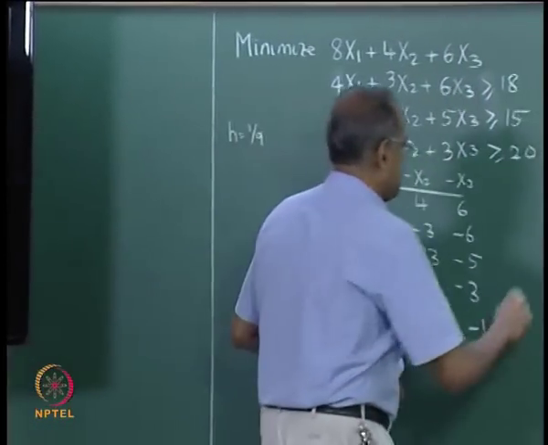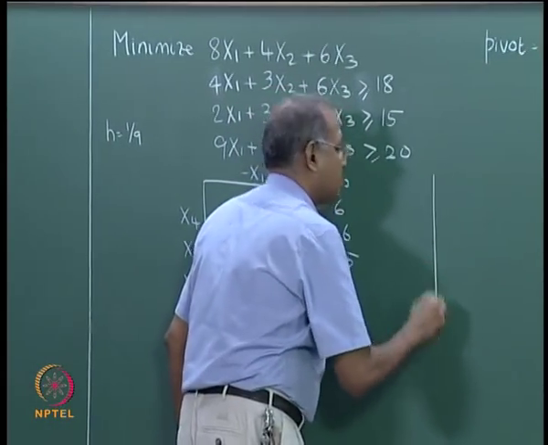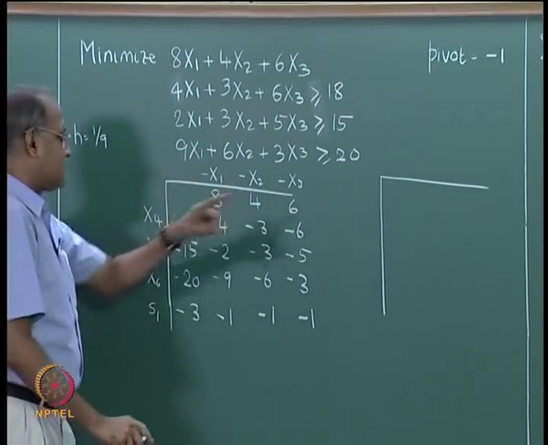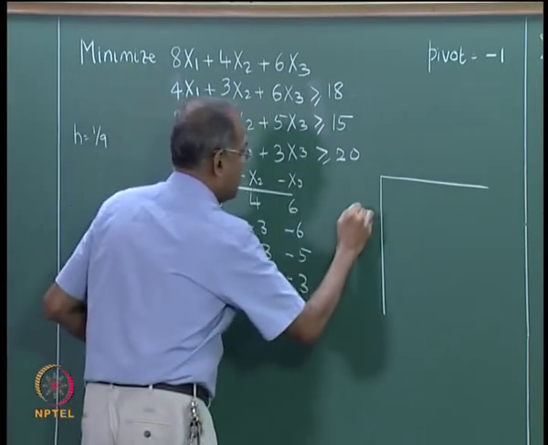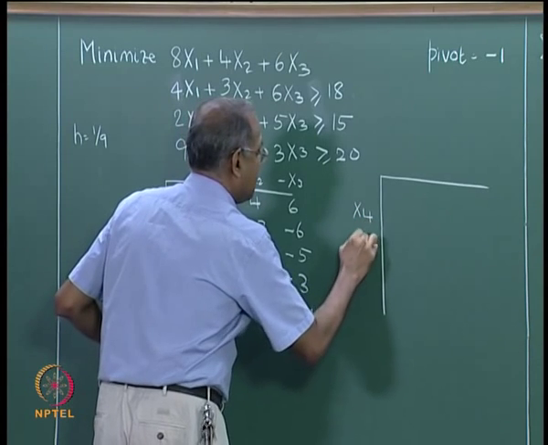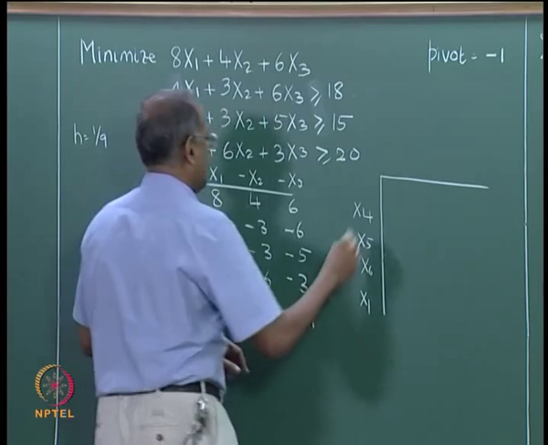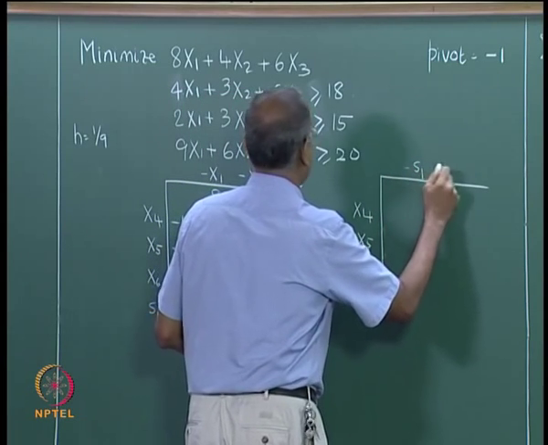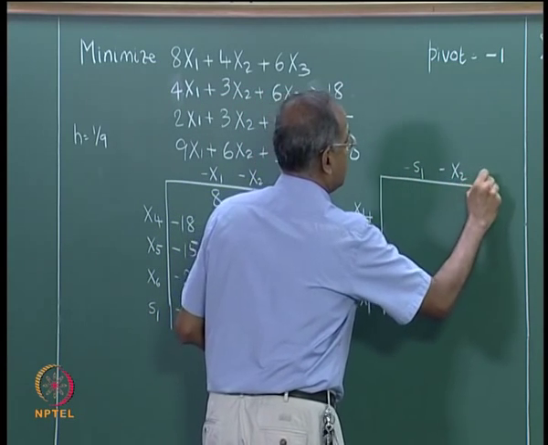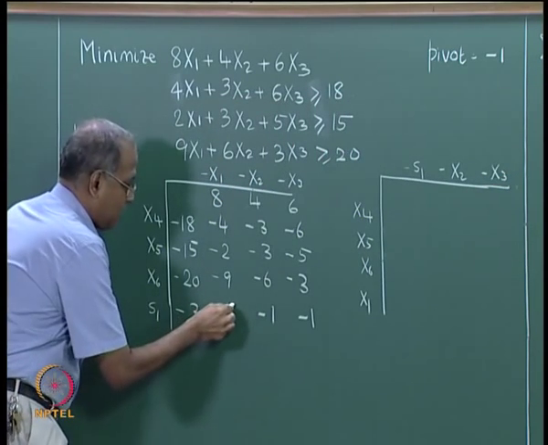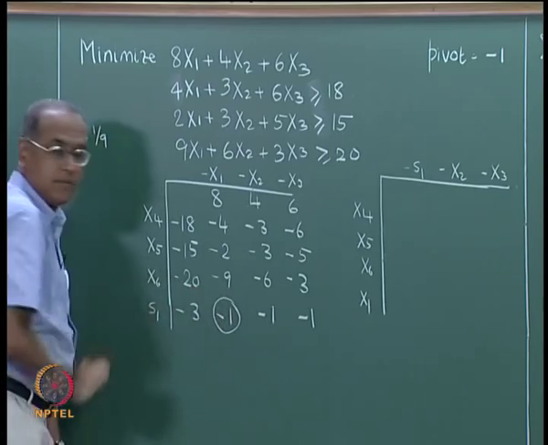When we pivot on this 8, in the next iteration x1 will come here. So, x4, x5, x6 and x1. I will have minus s1, minus x2 and minus x3. I am going to assume that this is my pivot element.